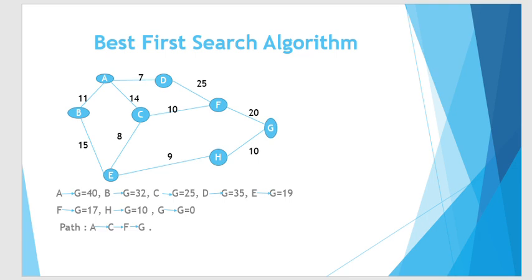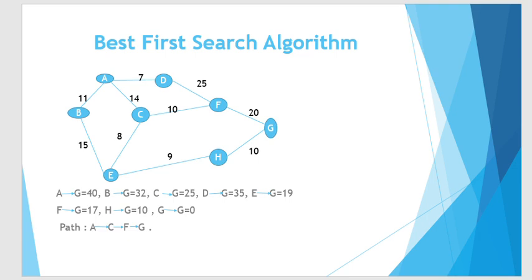We know that the equation is f(n) is equal to h(n). A is the starting node, which is added first, then it added B, C, D. Now A is open and B, C, D are in the queue.